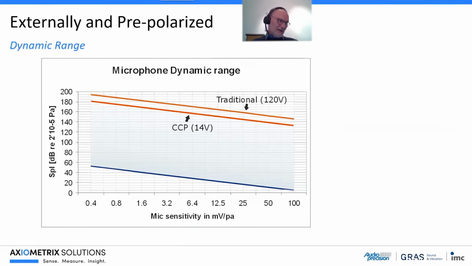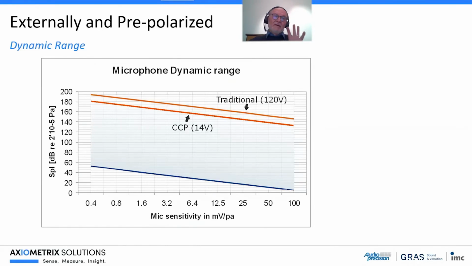It means that the maximum output swing we can have for a CCP amplifier is about 7 to 8 volt, and that limits the dynamic range of the whole measurement chain, microphone capsule and preamplifier.